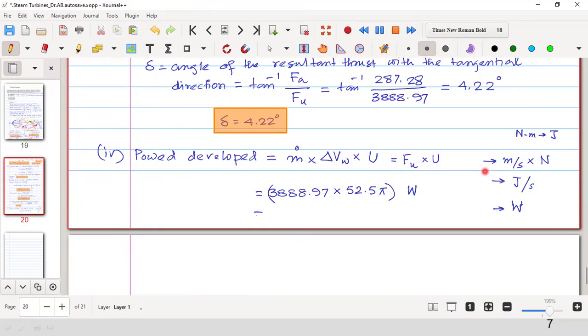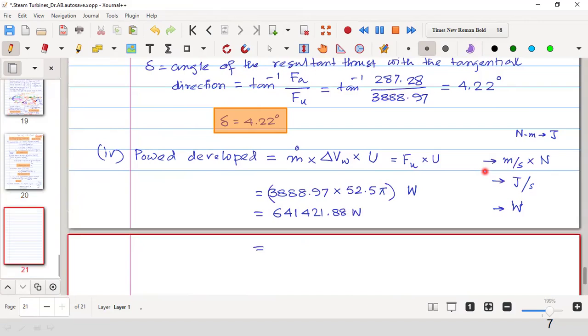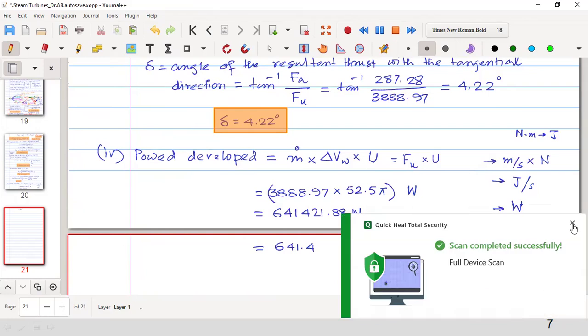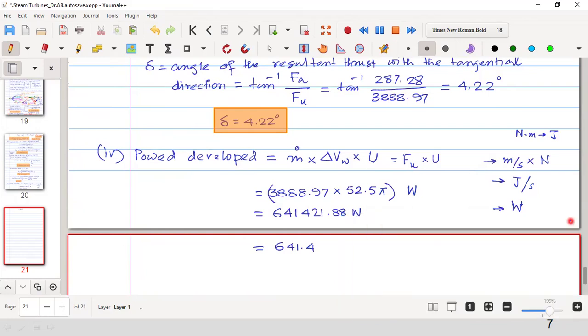So it is coming to be 641,421.88 watts. Or you can write in terms of kilowatt also, that is 641.421 kilowatt or 422 kilowatt, whatever. Okay, power developed.